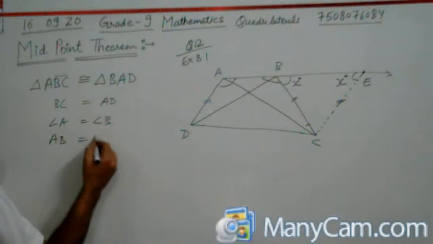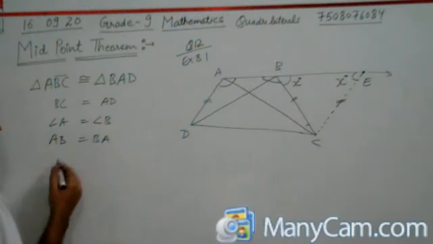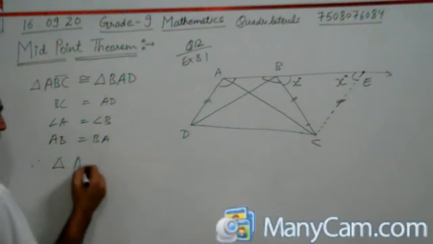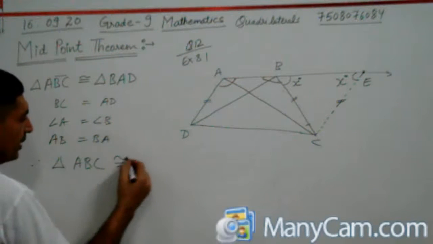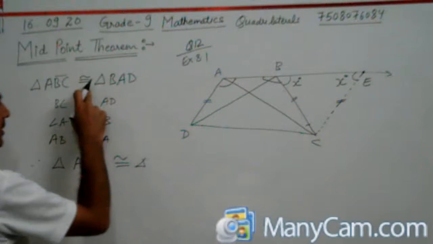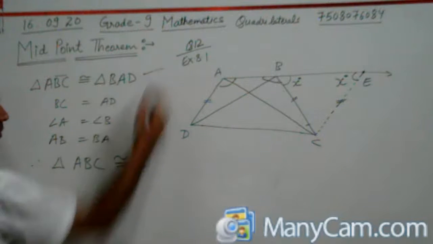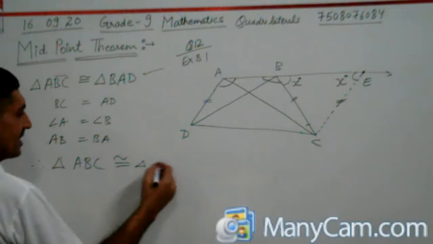AB is equal to BA, common. Therefore, triangle ABC is congruent to triangle BAD, right? How have we proved it? By side angle side rule.